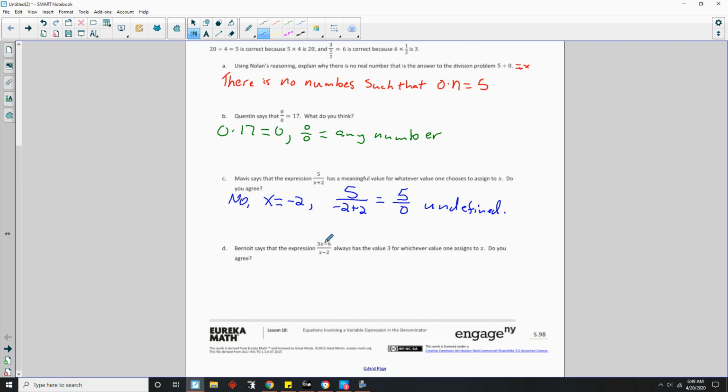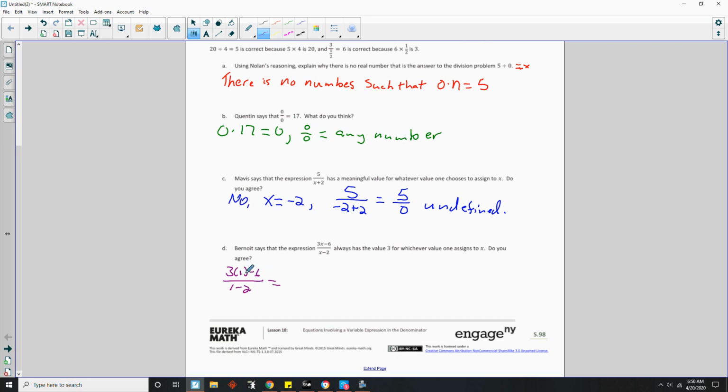Benoit says that the expression 3x minus 6 over x minus 2 always has the value 3 for whichever value one assigns to it. Do you agree? So what he's saying is, put any number in for x, and you're going to get 3.